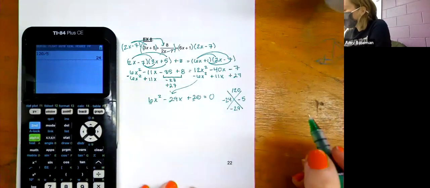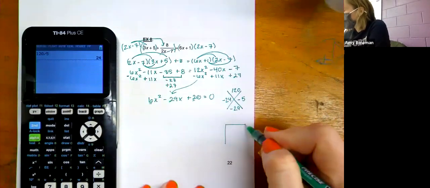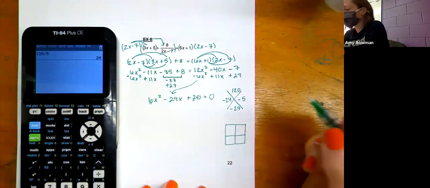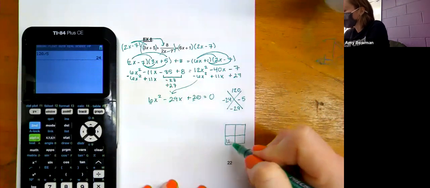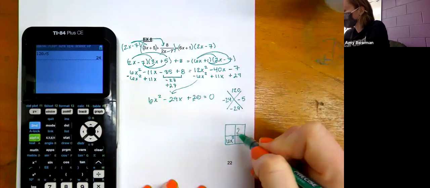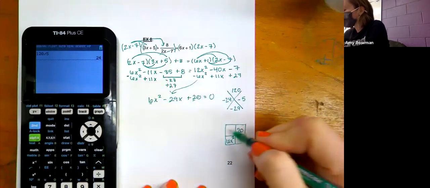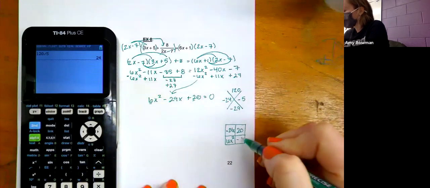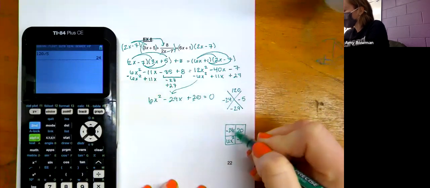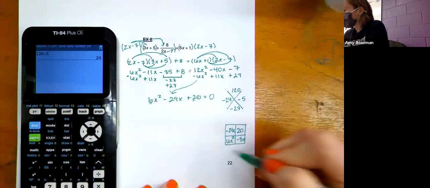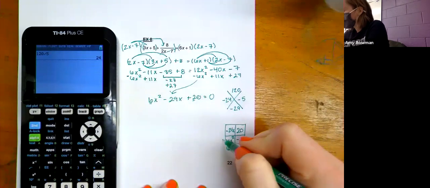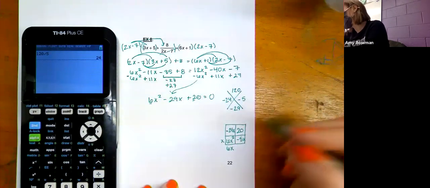Okay. All right, so that's going to help me build my area model. I'm taking the time to go through this factoring just because we could all use a little factoring practice. Okay, so that's negative 24x, negative 5x. So 6x needs to go down here. 1x needs to go there.